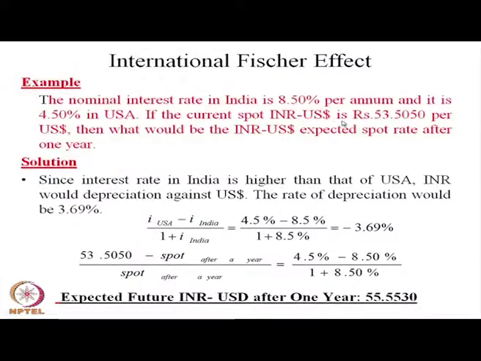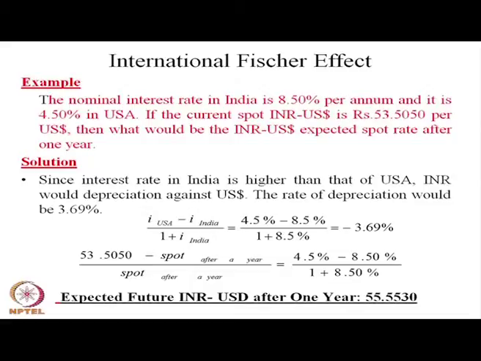If the current spot INR and US dollar is 53.5050 per US dollar, then what would be the INR US dollar expected spot rate after 1 year? The problem here is mentioning that we have to estimate the expected spot rate after 1 year, and what are the concepts, what are the variables given to us.